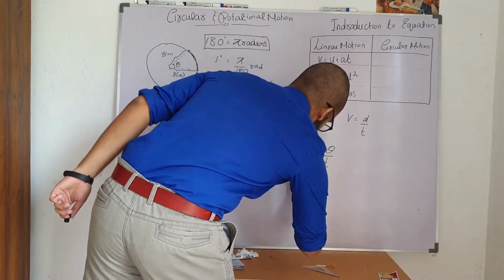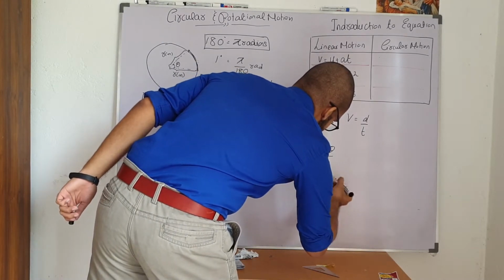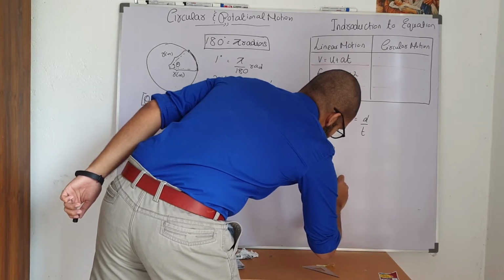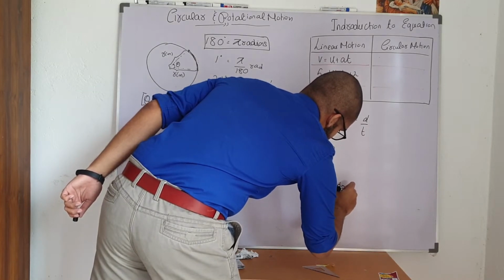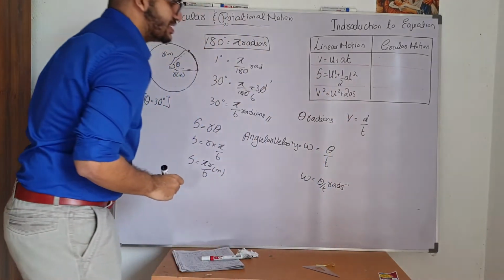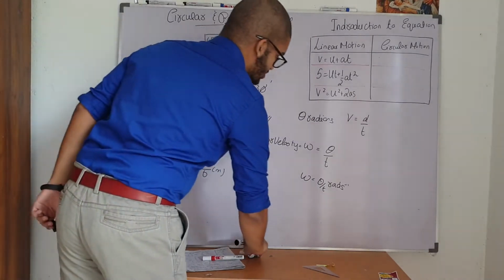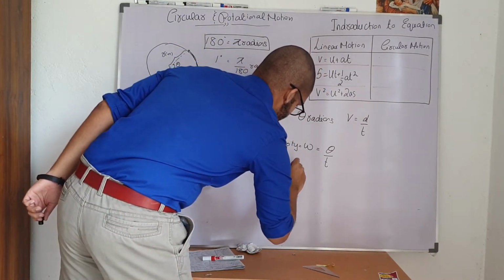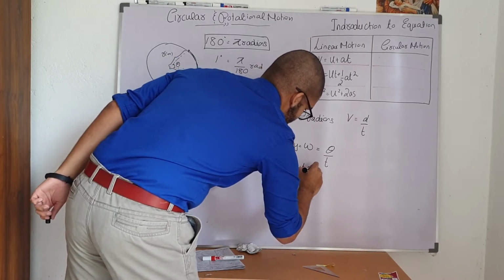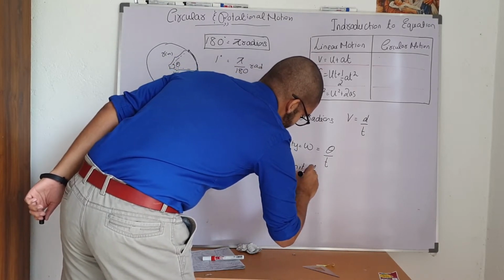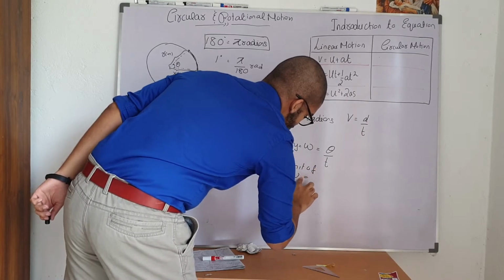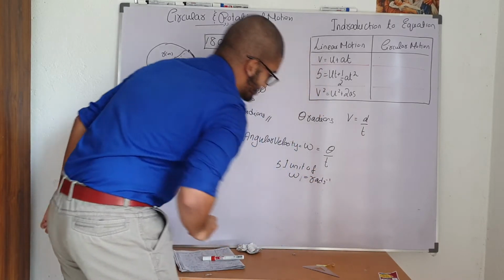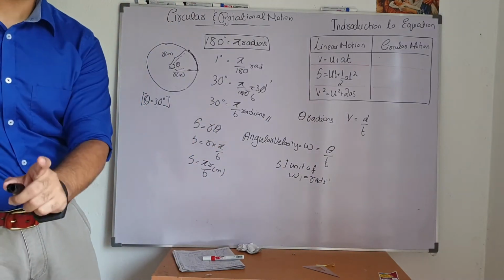Therefore the SI unit of W is radians per second, right? The SI unit of W is radians per second.